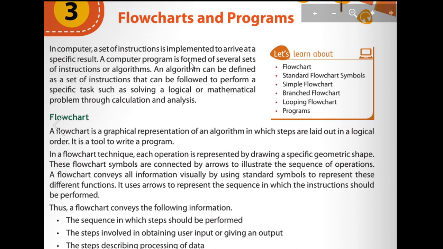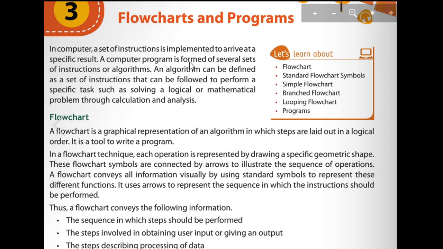Flowchart. A flowchart is a graphical representation of an algorithm in which steps are laid out in the logical order. It is a tool to write a program. In a flowchart technique, each operation is represented by drawing a specific geometric shape.